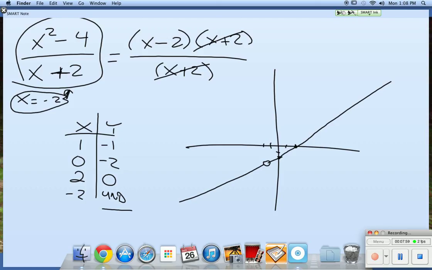Because we're really graphing the original equation. Yeah, but we're actually graphing this equation right here, Kaylee. All we did is reduce this down, but this is the equation you'd graph. To graph this equation would be tough. We can break it down and make it real easy by looking at just this portion. But when you graph this equation, we cannot have x equaling -2, because at -2 it's undefined. So that's why it'd be an open circle right there.